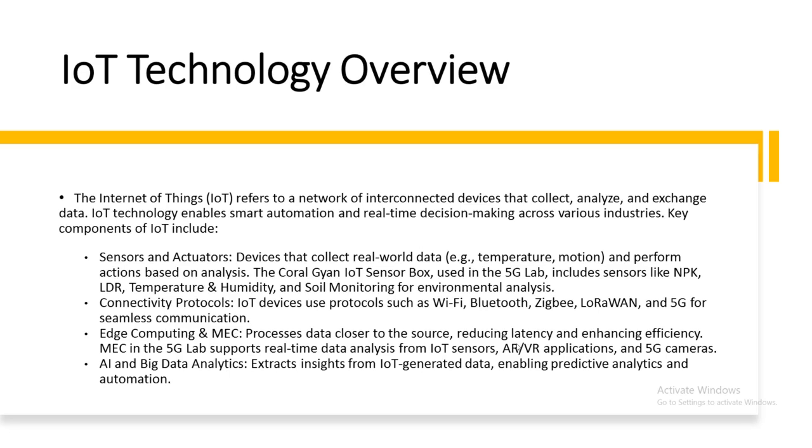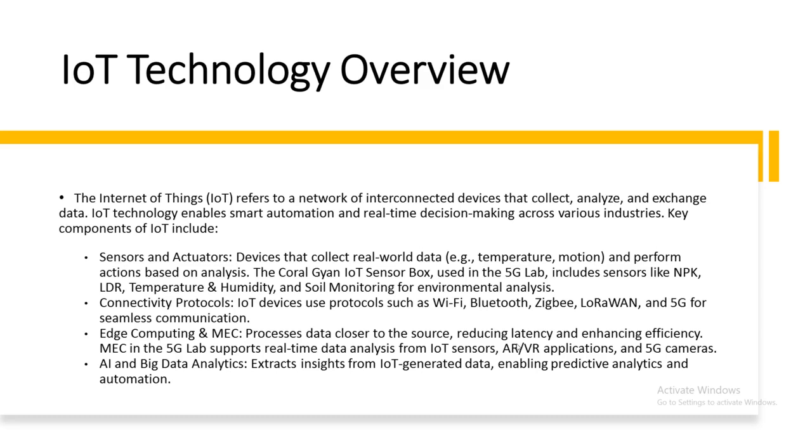Then the LDR sensor, the light dependent resistor sensor, a temperature and humidity sensor, and last but not least, soil monitoring. All these sensors are used for soil monitoring and environmental analysis.